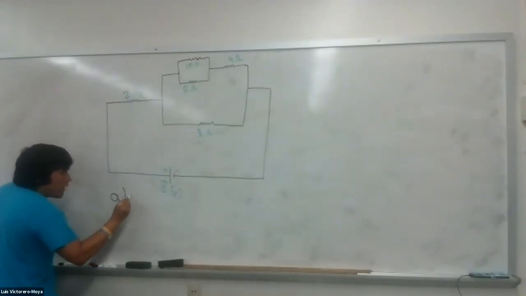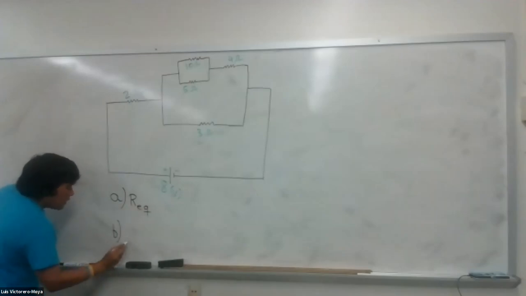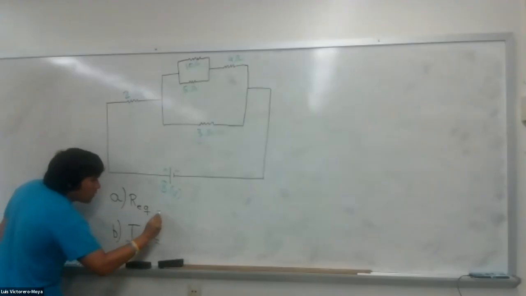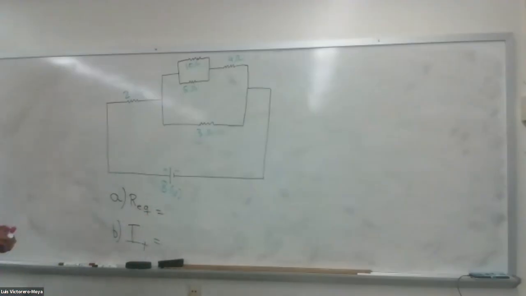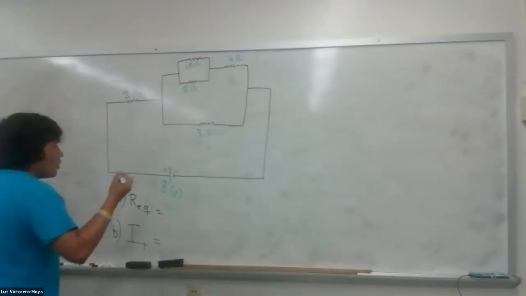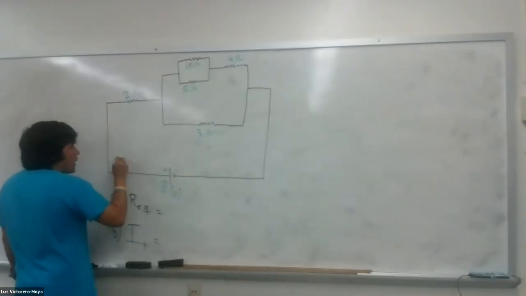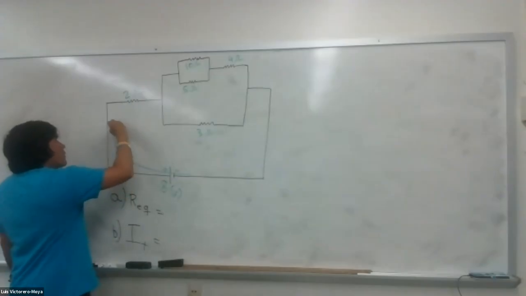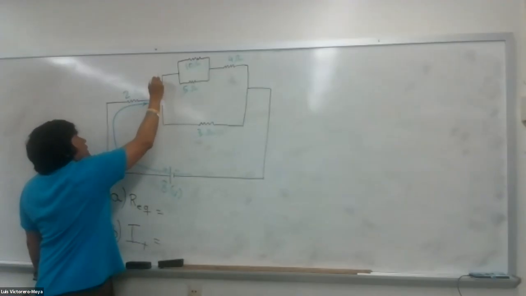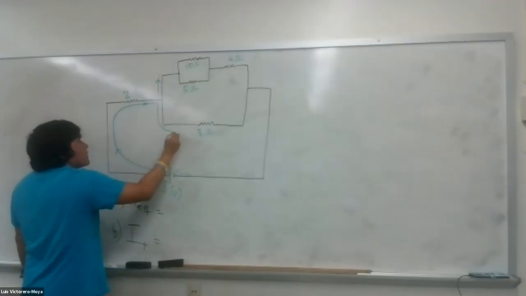First, the equivalent resistance, and then the total current on the circuit. Let's understand again what's happening in the problem. We have the current going like this. Then it gets split.